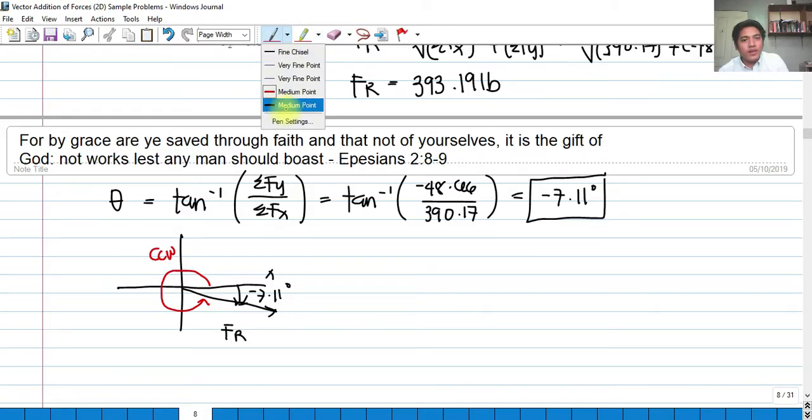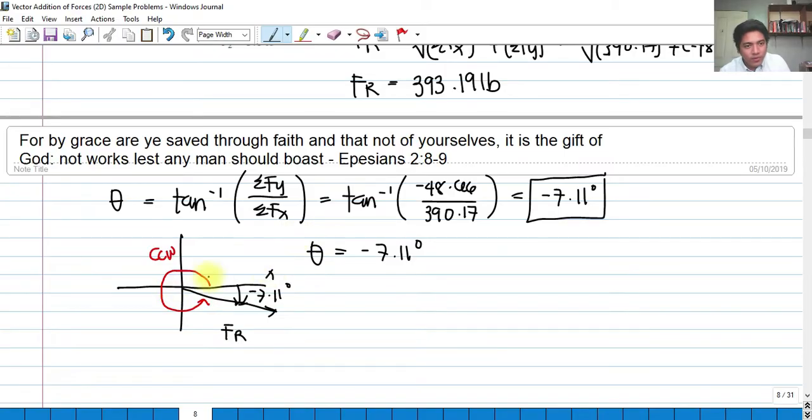To this negative 7.11 degrees, we will be adding plus 360 degrees in order for us to get this angle counterclockwise with respect to x. So negative 7.11 plus 360 is 352.89 degrees.